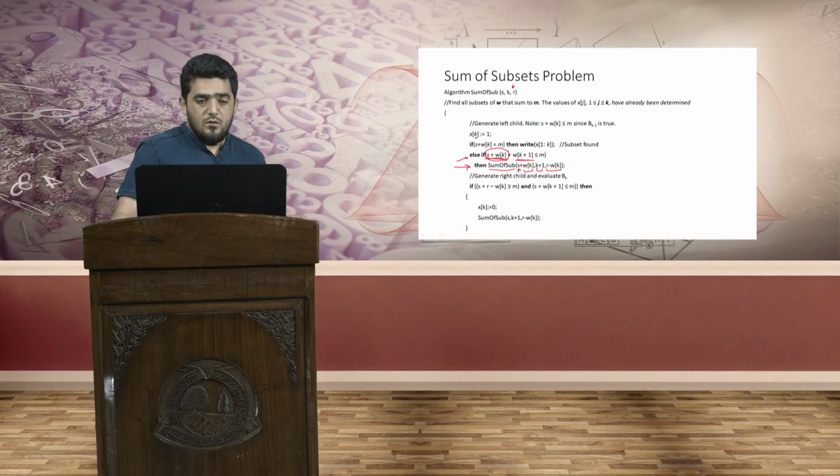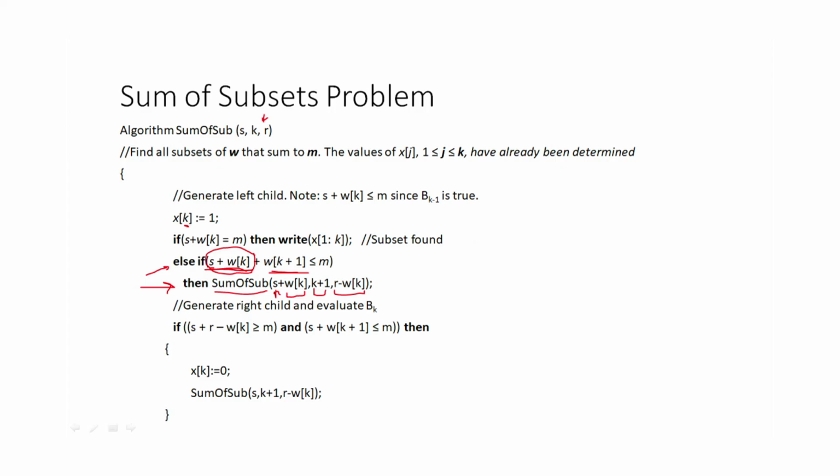Now in the consecutive calls to this particular function, this R value may be decreasing if we are considering the weights as we go along these calls. So if we have considered a weight, we will subtract that from R and pass the remaining weight to this function again. So this is the case if we can continue with the left child.